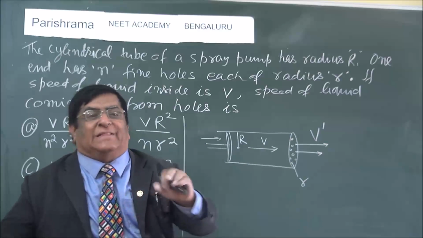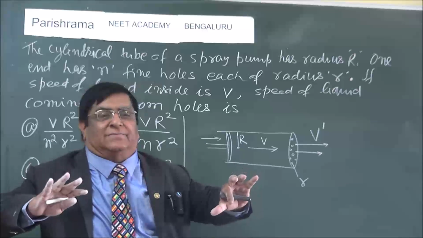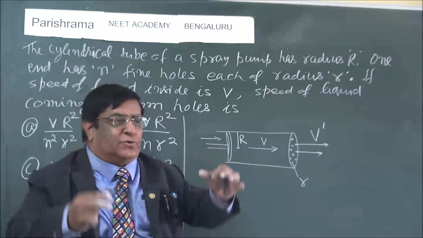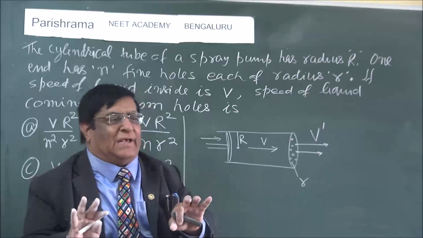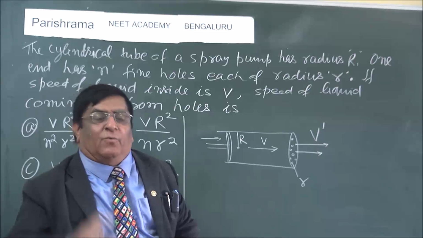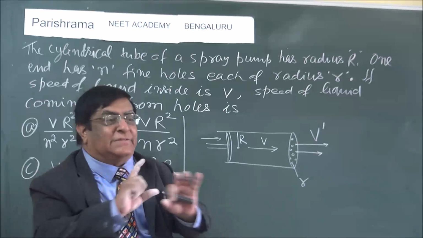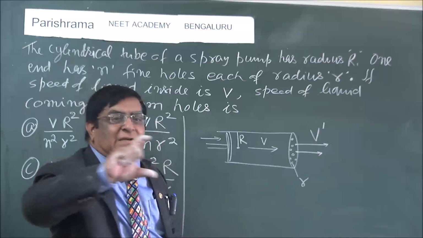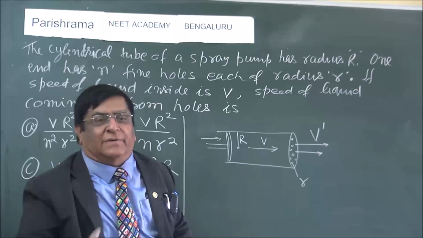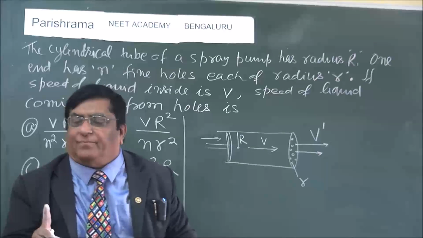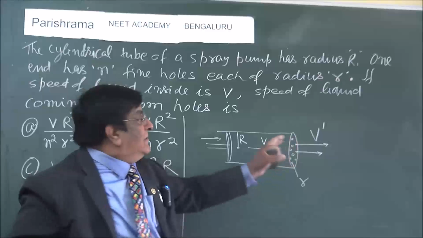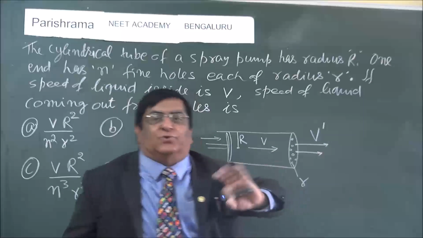Equilibrium you get when the system gets stabilized. Like water in the U-tube, finally it gets stabilized, you get equilibrium. When the cylinder is floating in the liquid, what is the final condition? Nothing is moving. It stays in one state, that is equilibrium. But when something is moving, this is flying off, there is no equilibrium.